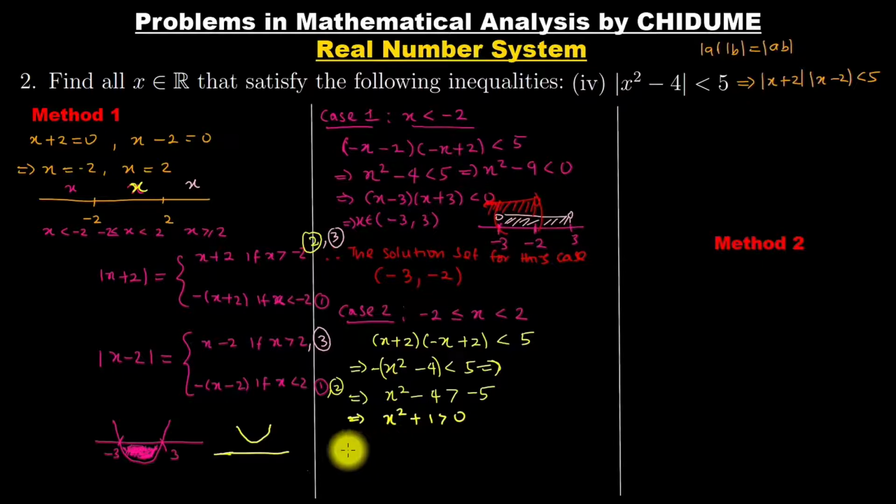So the solution set for this case is just this interval here: -2, closed at this end and open at this end here.